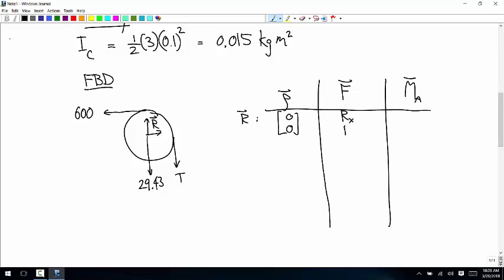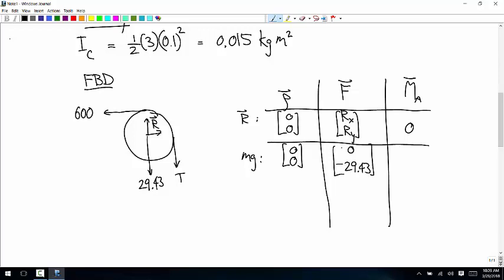Force vector is Rx, Ry. Moment is 0. The weight force, rho vector is 0. Force is negative 29.43. Moment is 0.